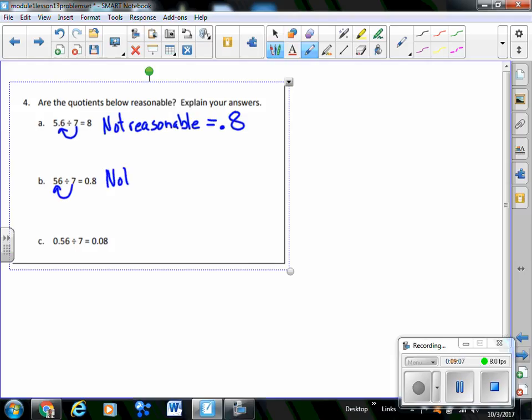Not reasonable again. This one should be 8 as reasonable. The last one, 7 goes into 56. 7 times 8 is 56, and it's in the hundredths. That is a reasonable estimate for that one. It's actually the exact answer.